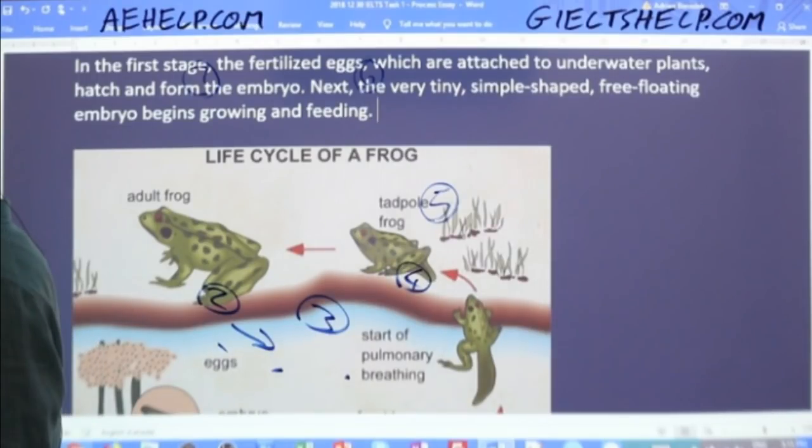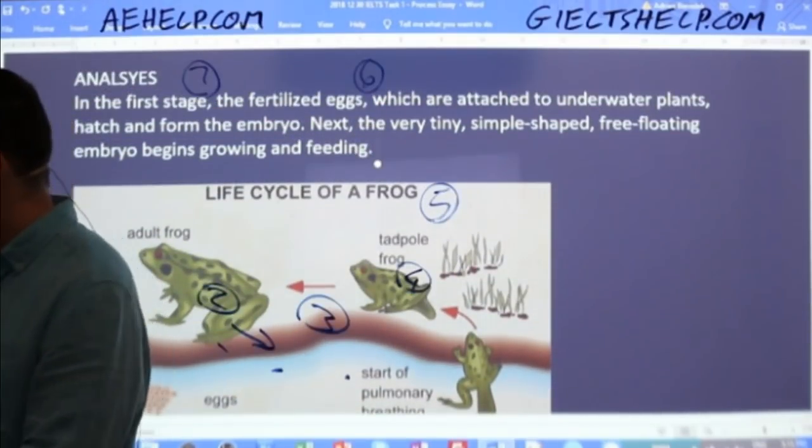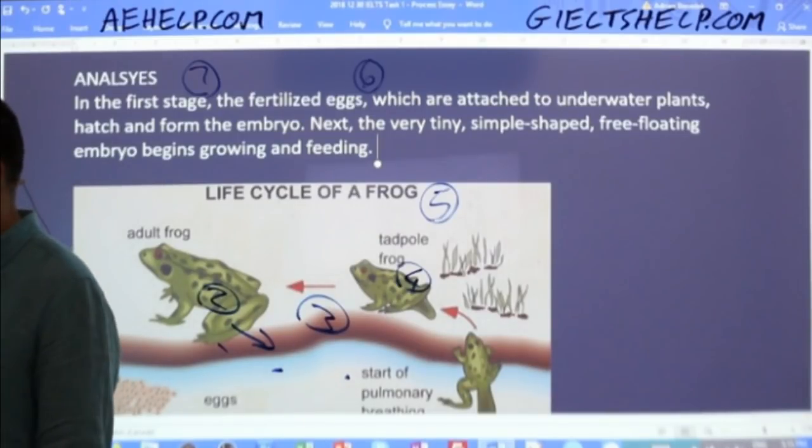Okay? So next, the very tiny, simple-shaped, free-floating embryo begins growing and feeding.